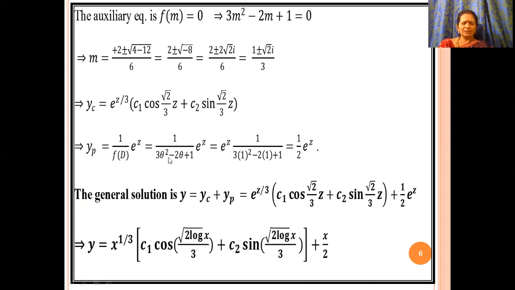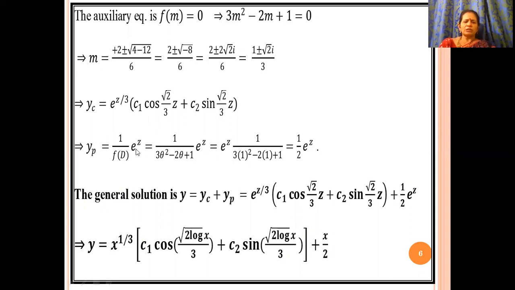In the particular integral, different types are there. In different problems, different types are there. One by one, I will explain. This is the first problem, and this is one method. Directly we substitute a, as this is in the form of e power a z. Here the particular integral is yp is equal to 1 by f of d into e power z. E power z is nothing but q.